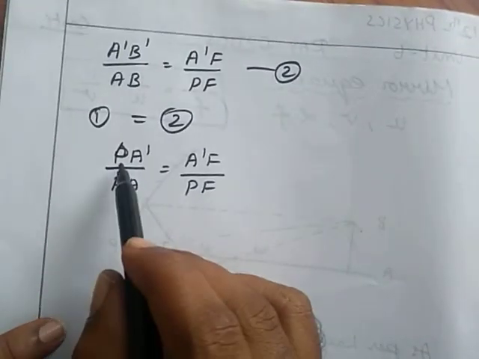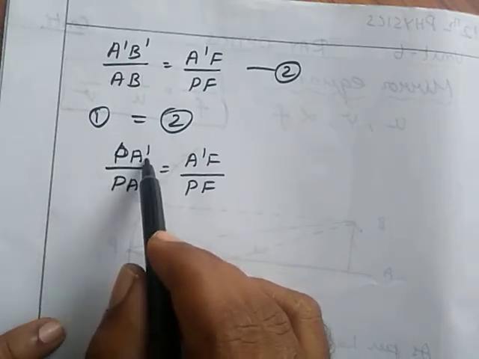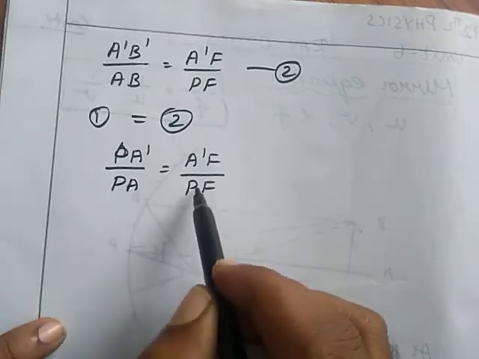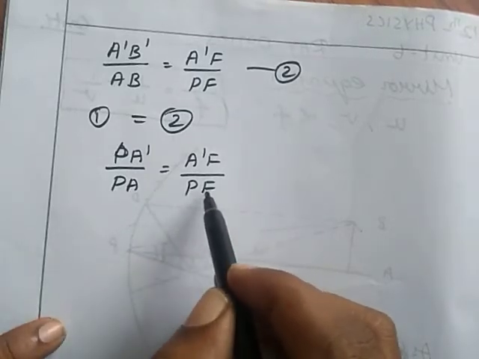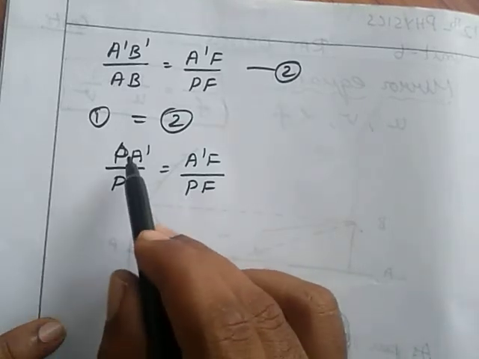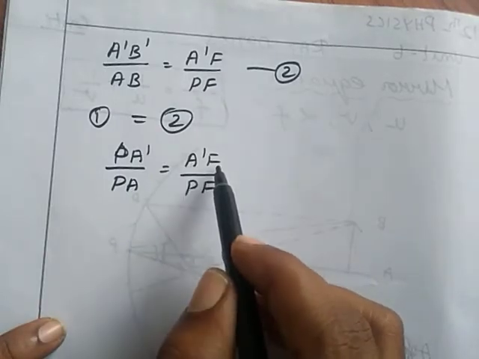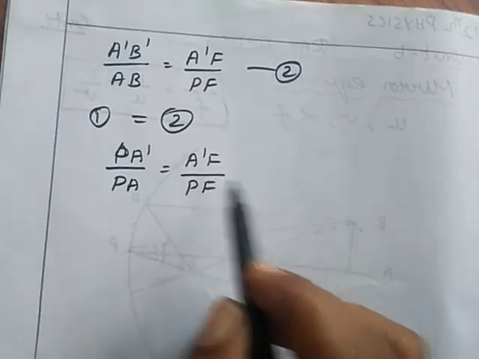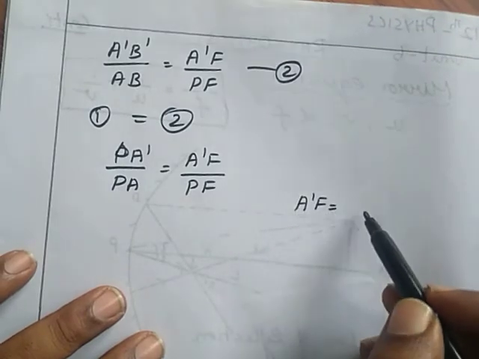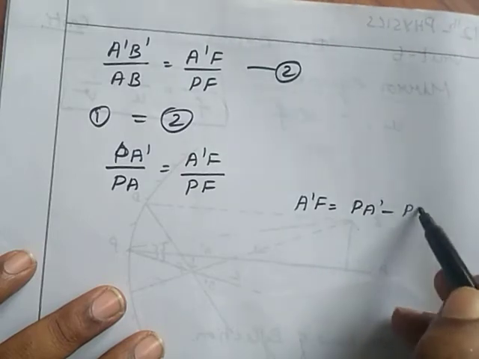Here PA dash is the distance from pole to the image, PA is the distance from pole to the object, and PF is the distance from pole to the focus. These quantities we know: this is v, this is u, this is f. But for A dash F, we have no quantity derived, so we can write A dash F is equal to PA dash minus PF.